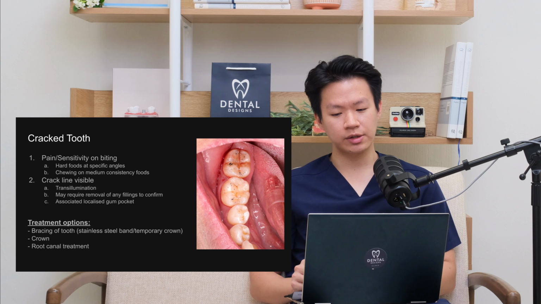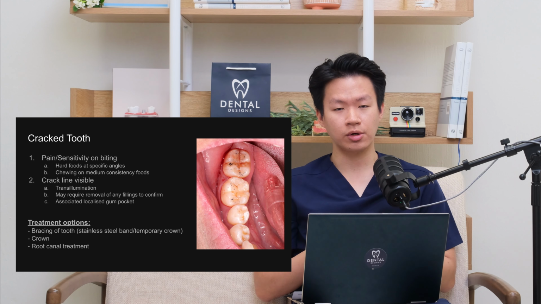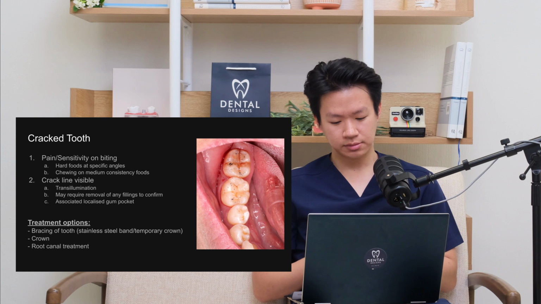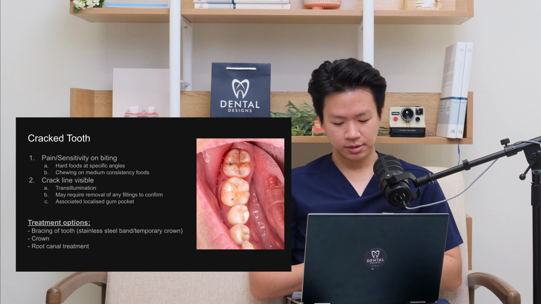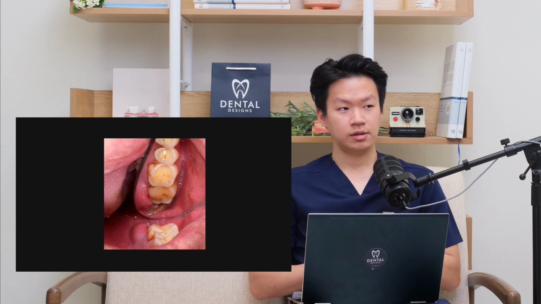As the crack, you can think of it as like a passageway for bacteria to enter into the nerve of the tooth, causing an infection, which may require a root canal. Right? Okay. So that's the second possible cause of a toothache, which is a cracked tooth, and now we'll move on to the third case, the last one over here.